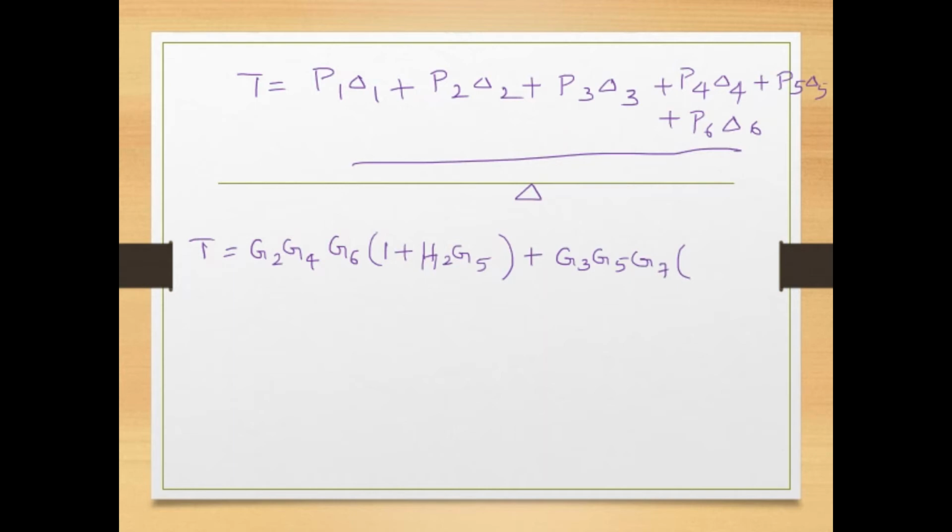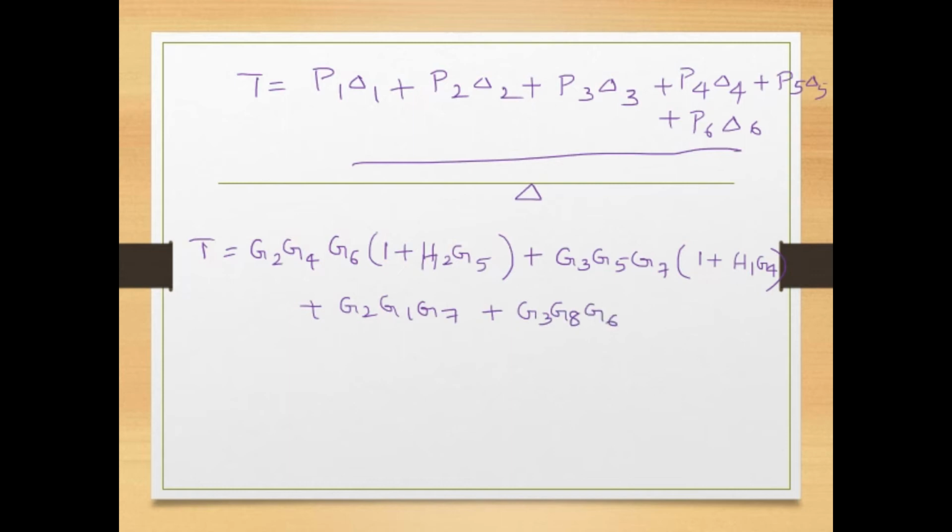Delta 2 is 1 plus H1 G4, plus P3 delta 3. P3 is G2, G1, G7 into 1.